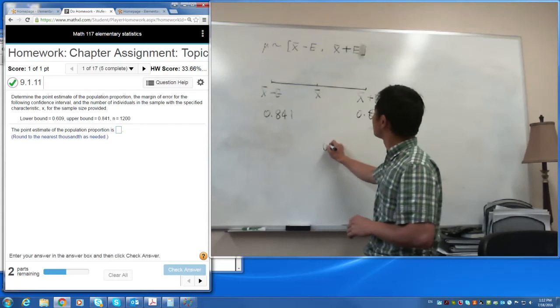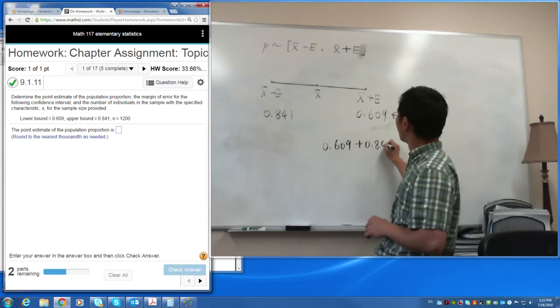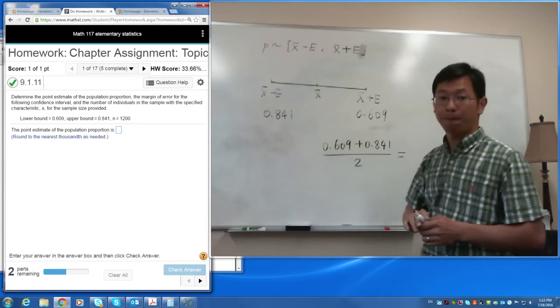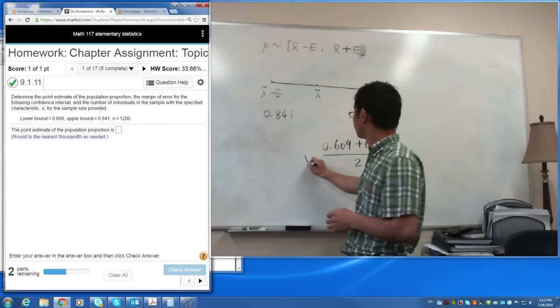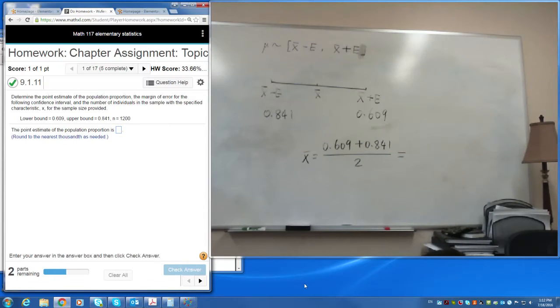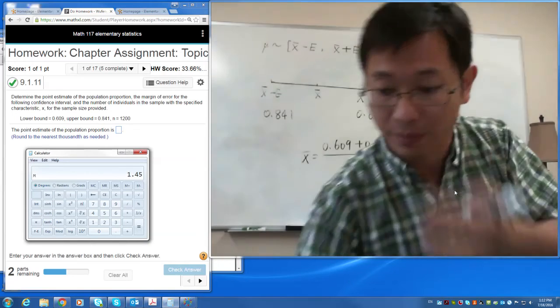So the middle one is 0.609 plus 0.841, which is the point estimate, divided by 2. 0.609 plus 0.841 equals 1.45. No, wait, divided by 2.